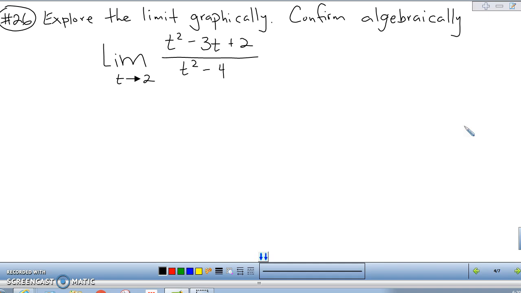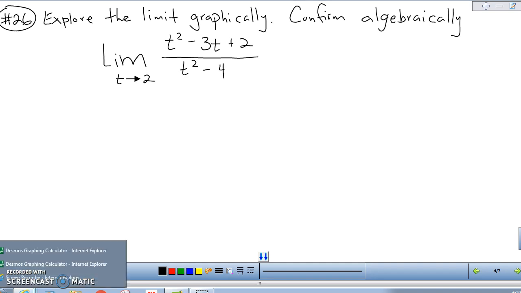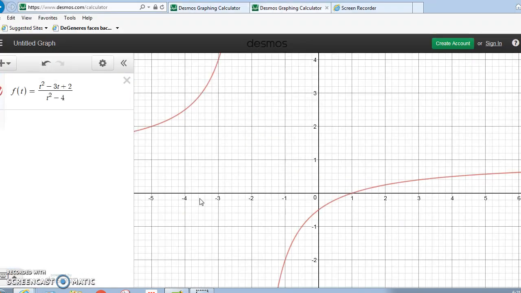Okay, so now number 26 from that exact same page. Once again, explore the limit graphically, confirm algebraically. If we look at the graph, there it is, t squared minus 3t.